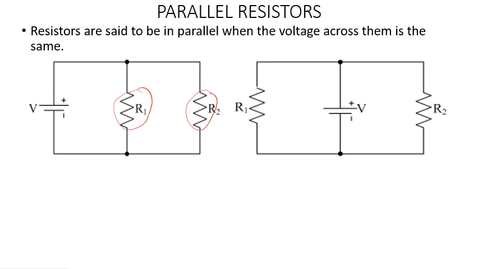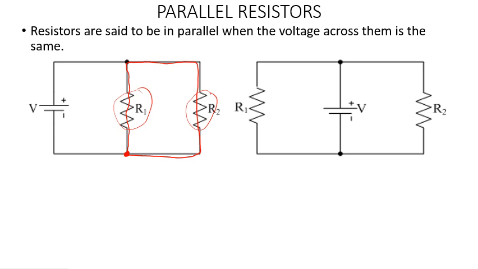Basically, if I start from one terminal, from this point, and I'm able to circle the two resistors from one point to the other and back without meeting any third element, that means the resistors are in parallel.